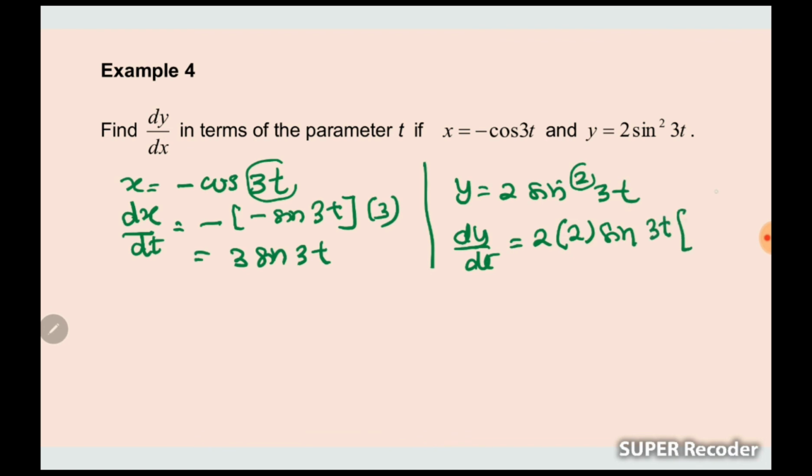Then differentiate sin 3t, the answer is cos 3t. Then you have to differentiate 3t, the answer is 3. I write 3 in front. So finally the answer is dy/dt equals 3 times 4, 12 sin 3t cos 3t.